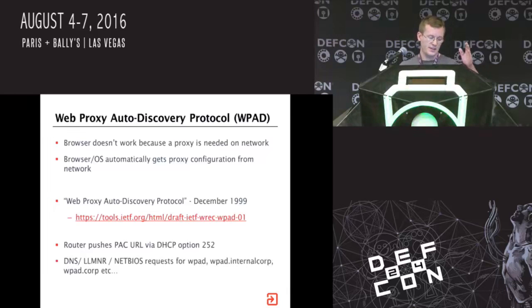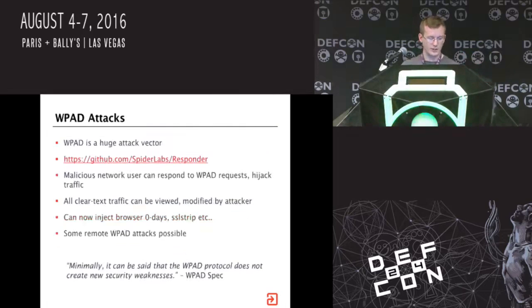So DNS lookups with this, it will use the DNS suffix and look up something like wpad.internal.company or whatever. And there's also NetBIOS, LLMNR, and all that as well. So there's lots of ways that WPAD can work. So the WPAD attacks are very well known.